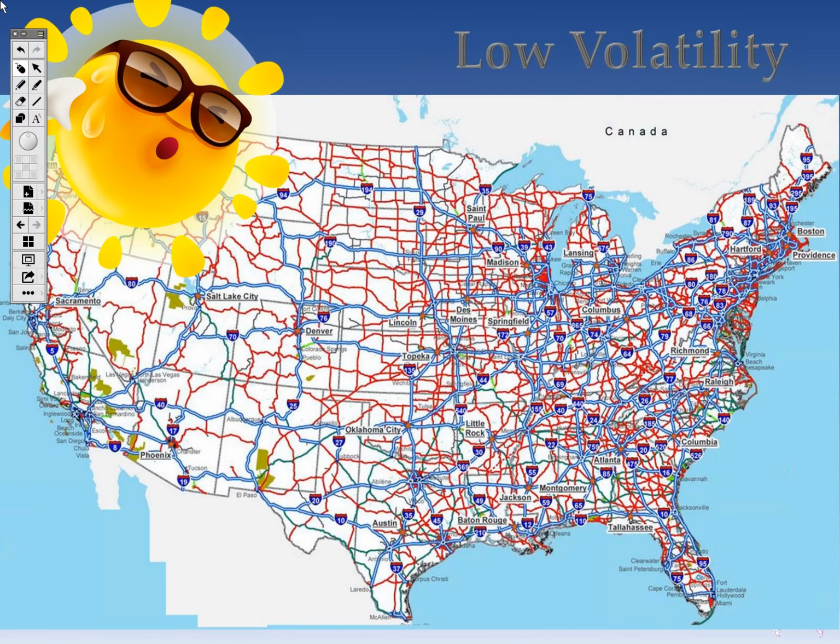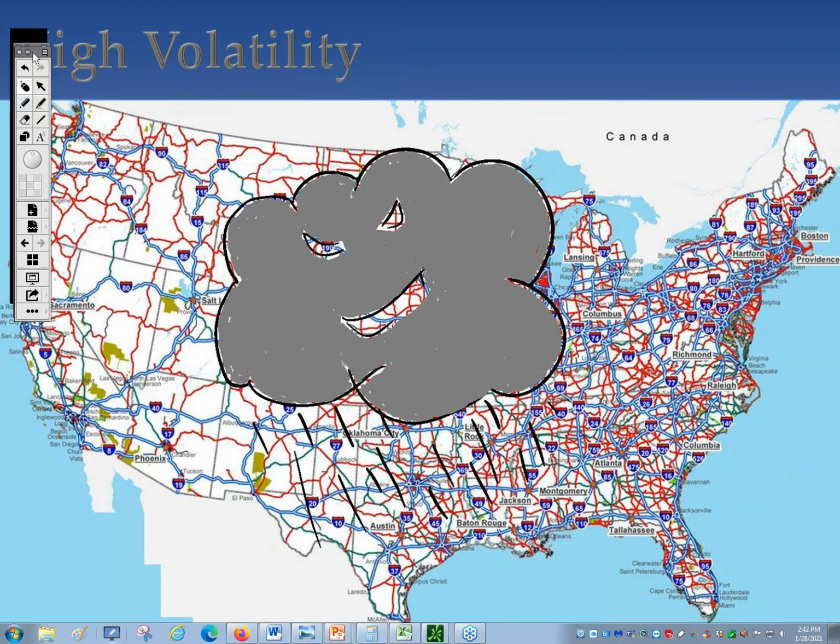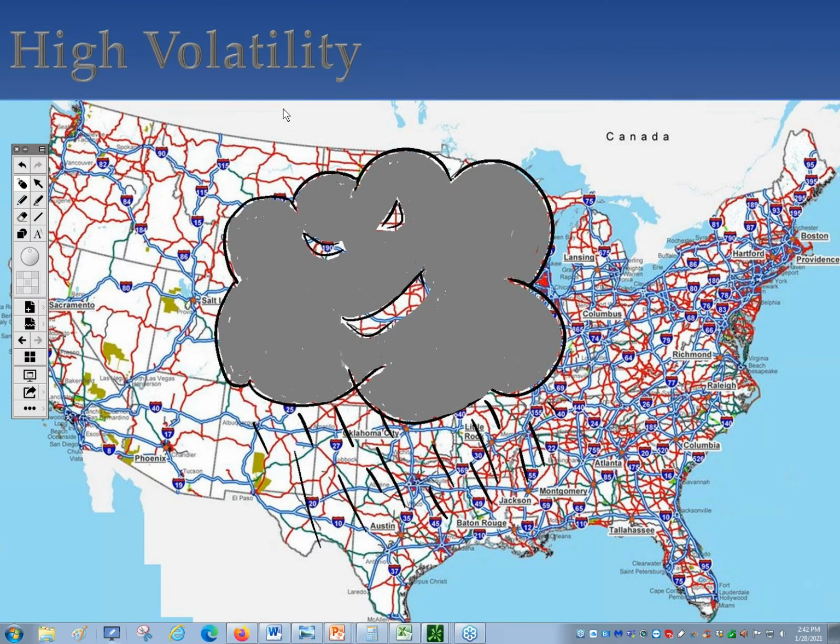We have to determine if it has low volatility, then we kind of look at it as sunny skies. Ultimately, low volatility is going to tell you that the options are really cheap. And when volatility is really high, what it's telling you is these options are really expensive. So the idea is you buy low and sell high, right?